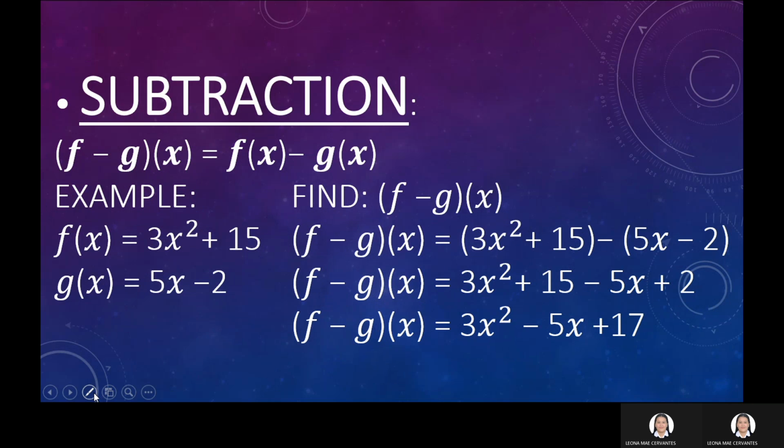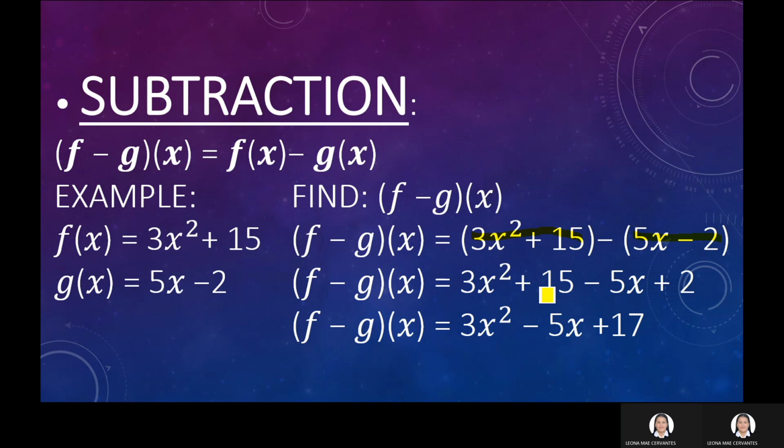Okay, so again, we have 3x squared plus 15 for f of x, 5x minus 2 for g of x. So 3x squared plus 15 minus 5x minus 2.